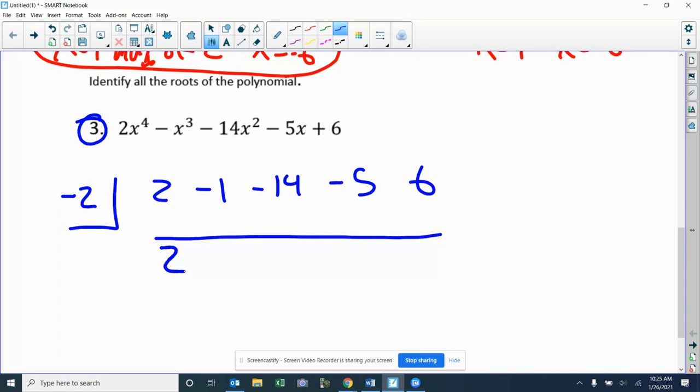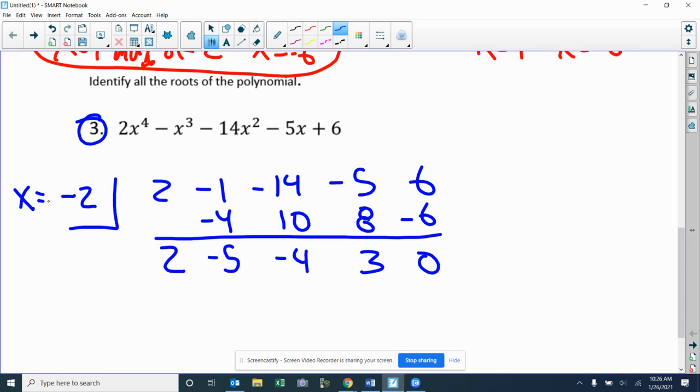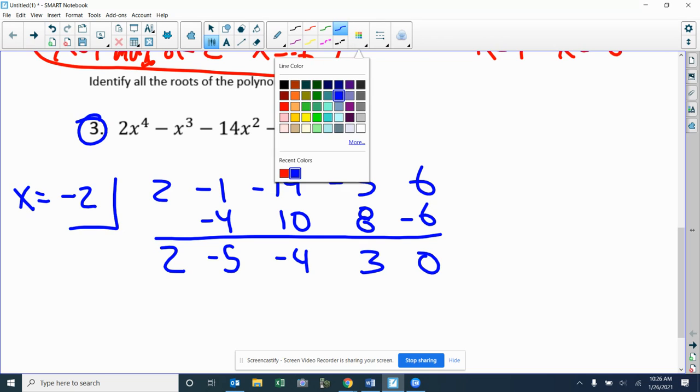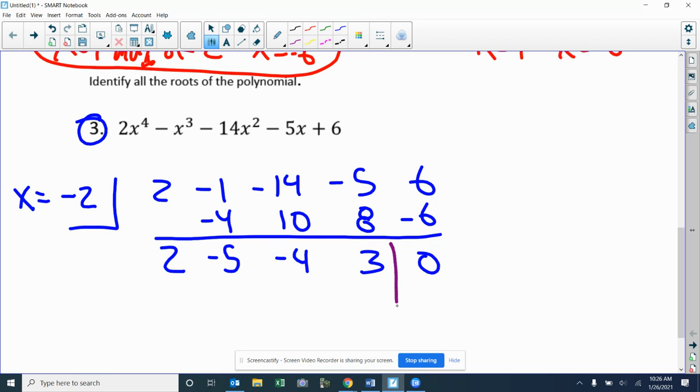2 coming down, 2 times -2 being -4, which gives me -5. It gives me +10, which gives me -4. It gives me +8. It gives me 3. That gives me -6, which gives me 0. 1 down, 1 more to go there. We got another idea? 3.